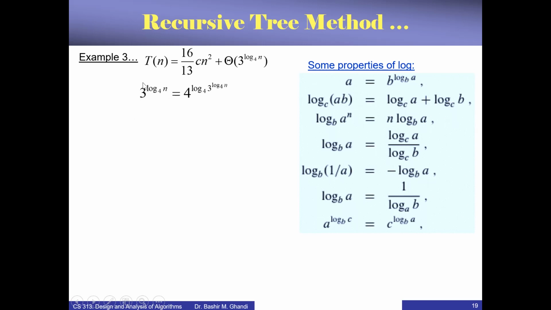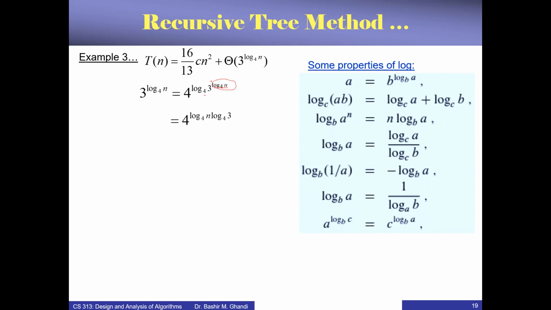So this can be represented as this. There's nothing new here. It is just the same term. We are only raising the power and also taking the log. So this will cancel, because taking the power and taking the log are reciprocal. So here we have log of 3 to power something to base 4.